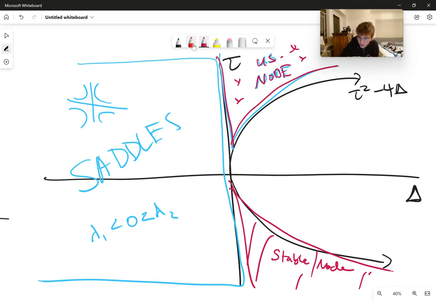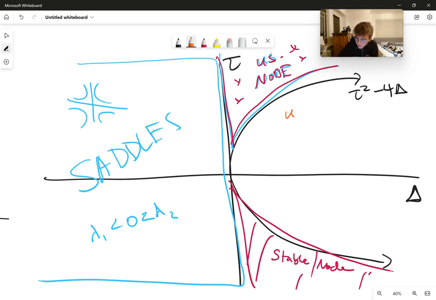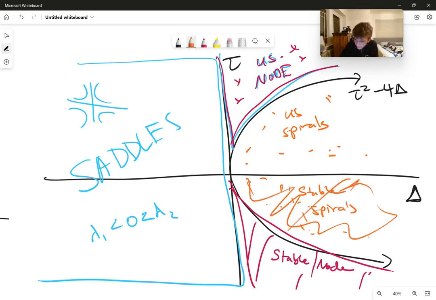And then inside the parabola, I'm going to start getting imaginary roots. So inside of my parabola, I'm going to have unstable spirals where the trace is positive, in this region, and then stable spirals in this lower region where the trace is negative. Okay, I want this to be stable.